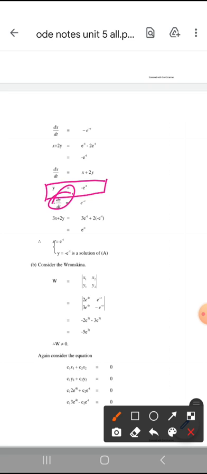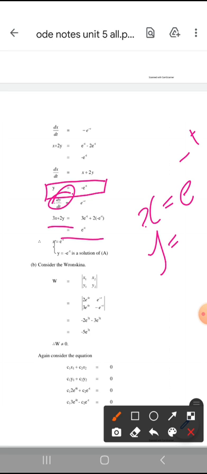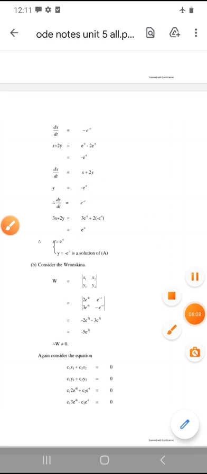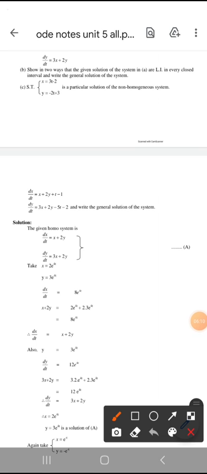We already know the value of dy/dt, and we substitute that, and we get a final value e^(-t). Here also we get that x = e^(-t) and y = -e^(-t) are a solution of equation A. The proof of part A is over.